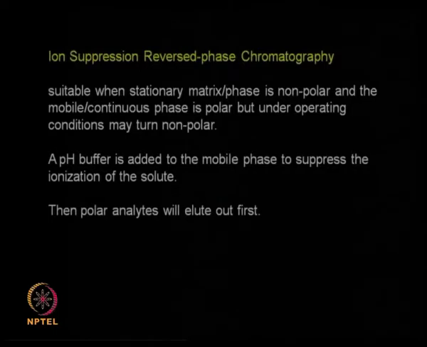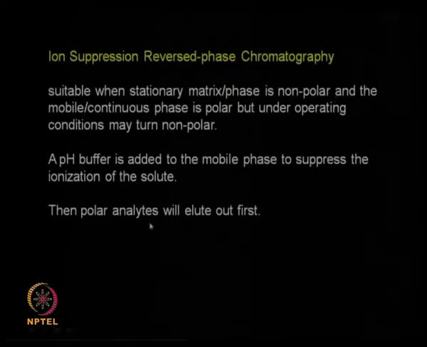So this is very suitable when you have the stationary matrix or the phase is non-polar and the mobile or continuous phase is polar, but under operating conditions may turn non-polar. So what do we do? We add a pH buffer so that the mobile phase is suppressed of ionization. So by adding a pH buffer, we are preventing the ionization of the solute in the mobile phase, and then we are using a non-polar stationary phase.